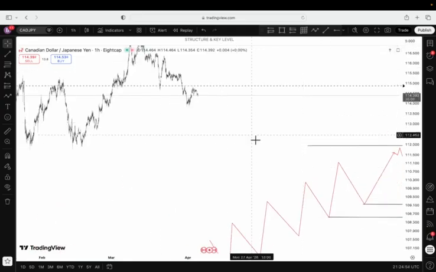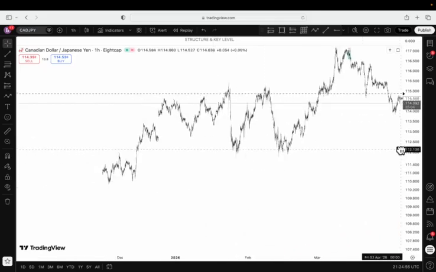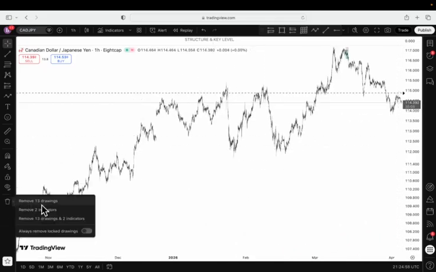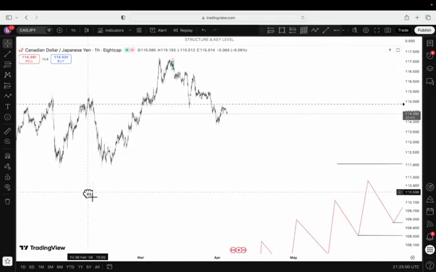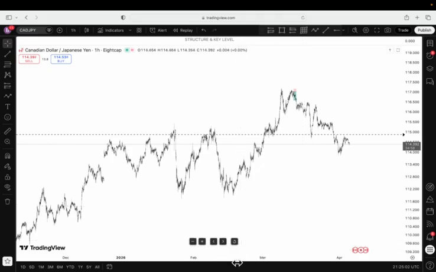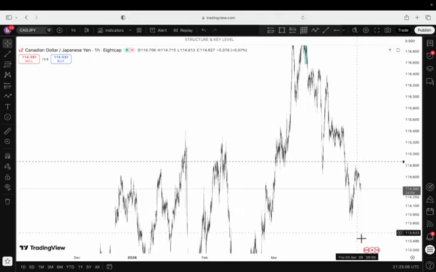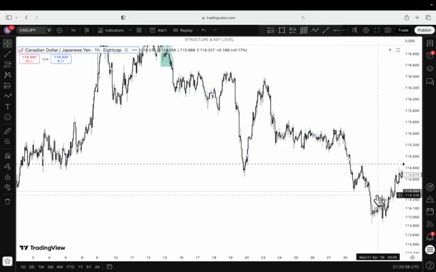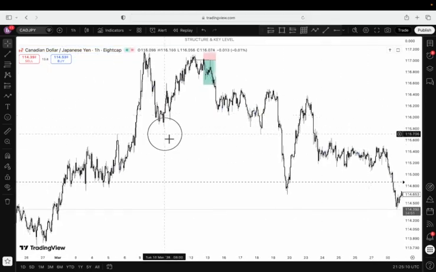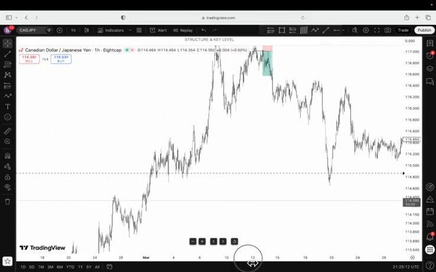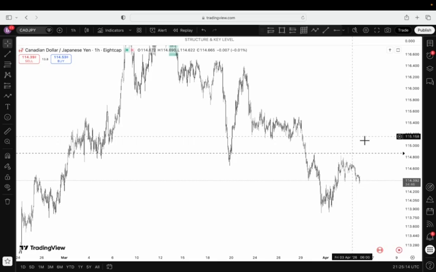So let's go and check this chart, CAD JPY, and see what's happening here. I think nothing really changed from the previous week. It's just that we got our inducement, I think a new one thereabout.